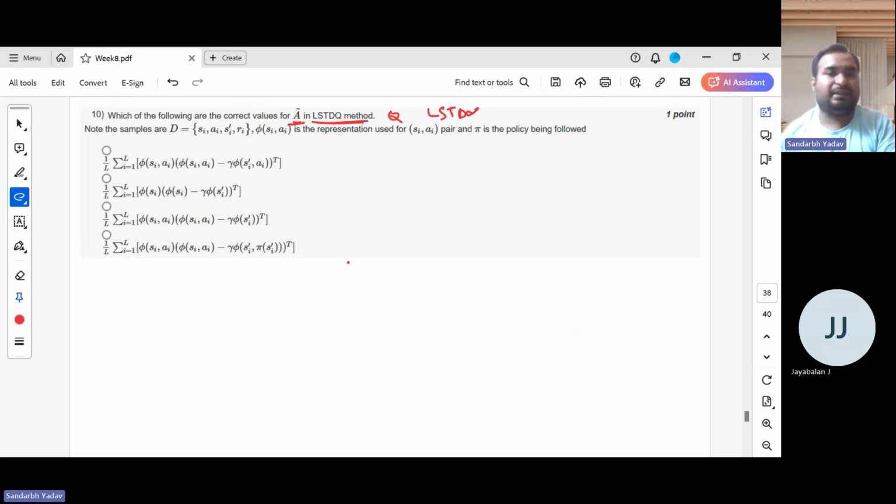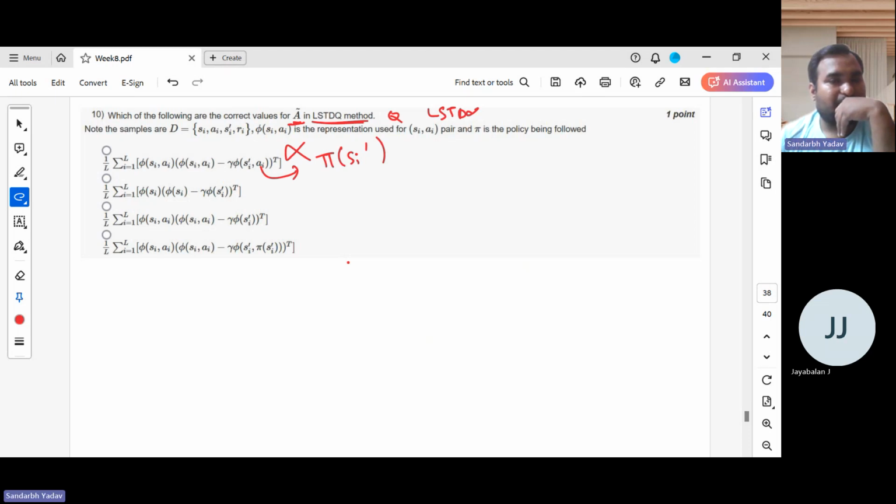Phi of s_i is the representation for the state, and pi is the policy being followed. So 1 upon L, this phi of s_i. What is the issue in this one? Remember, it has to be on policy, right? You cannot take this action. You have to take the action like phi of s_i, a_i. So this is wrong.